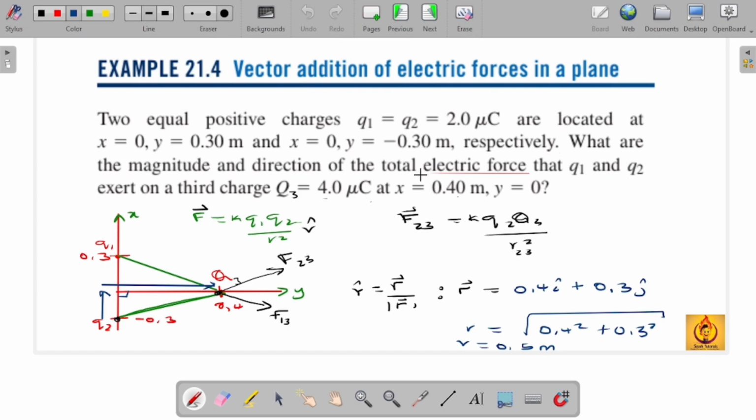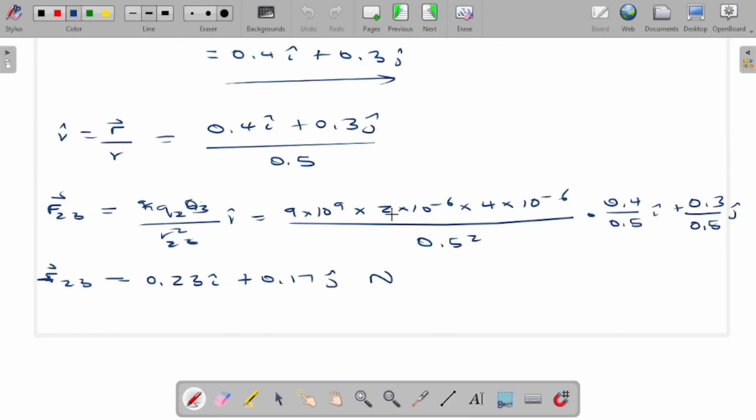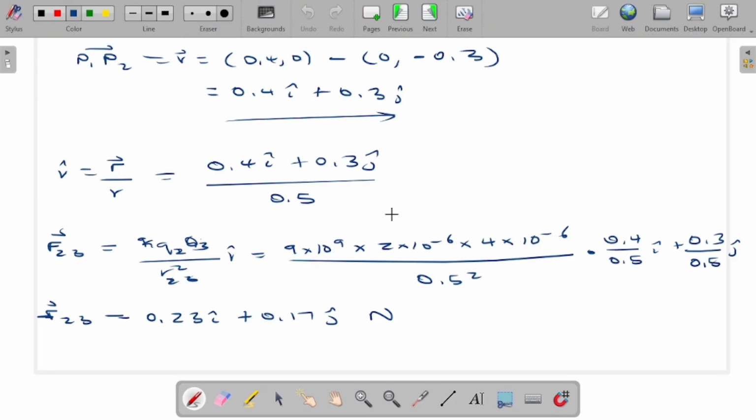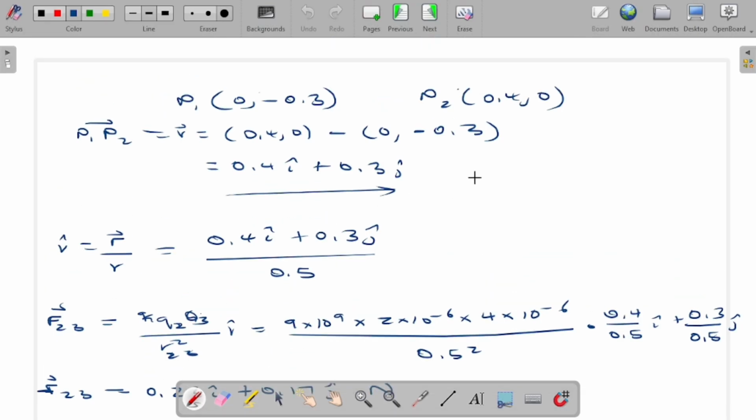In the second part, sir. The second part. Which one is the second part? Where we were finding the unit vector. Oh, the unit vector. Let's see. Which is this part, right?